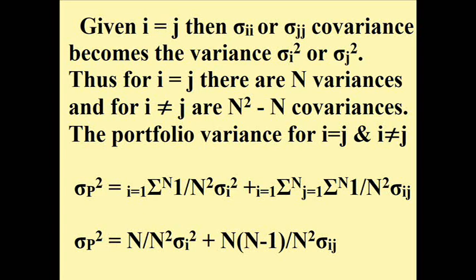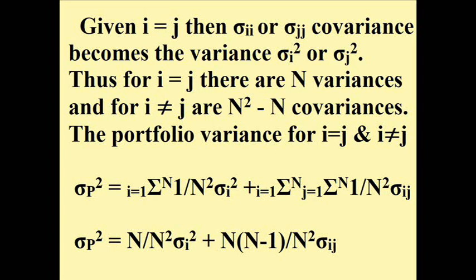Now how many of them are variances? n. And what's the weighting? 1/n squared. Now, in the case of the covariances, instead of saying n squared minus n, we could say n times n minus 1. This provides a profound result, which is, as n gets big, approaches infinity, let's say, a big number, the first term, n/n squared, approaches 0.